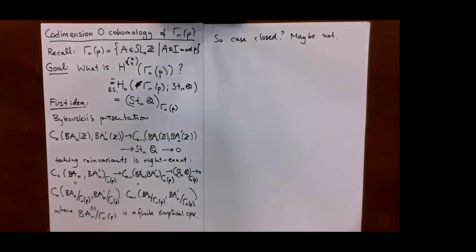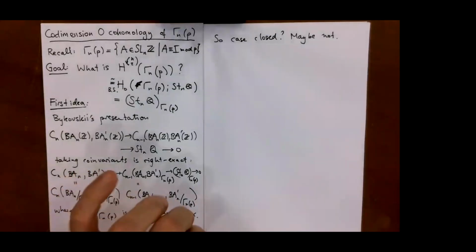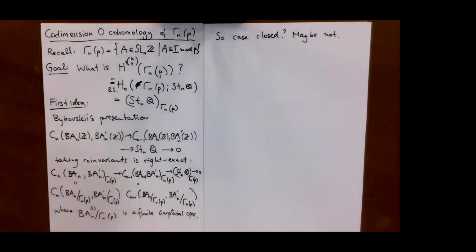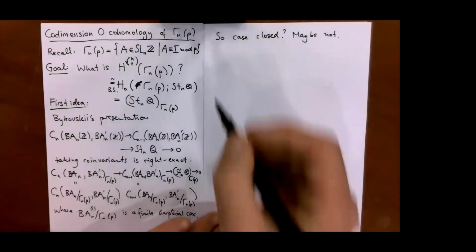I asked Graham to look at n equals 3, and p = 5 was done fairly quickly, but p = 7 didn't even finish overnight. So it's finite, but maybe it's really big. So is this really a good answer? It is an answer, but maybe not.